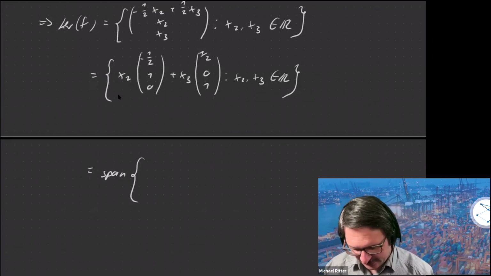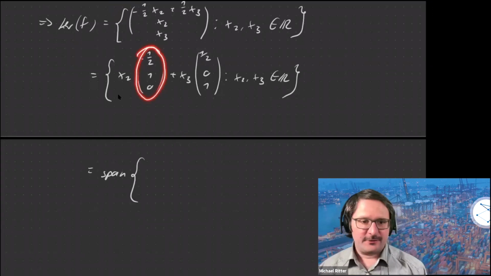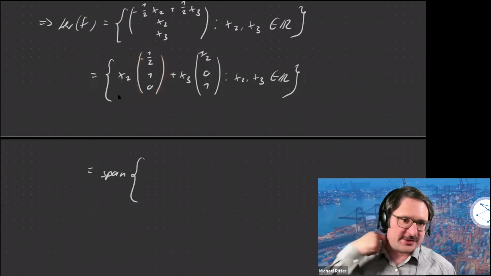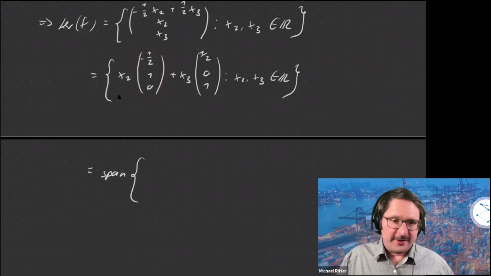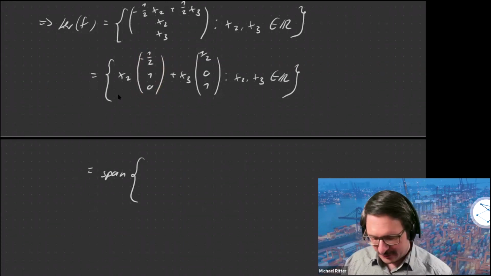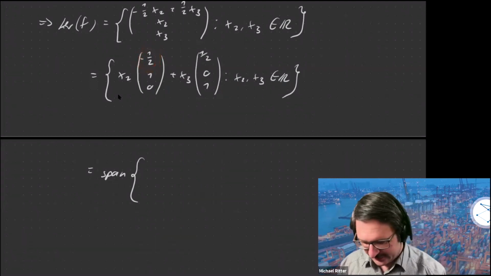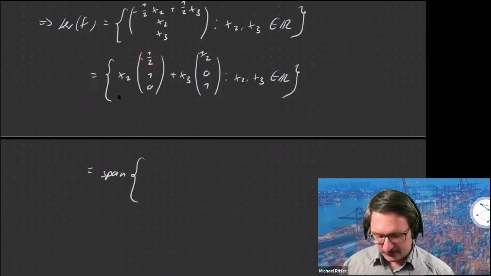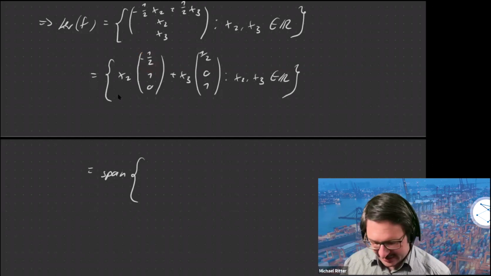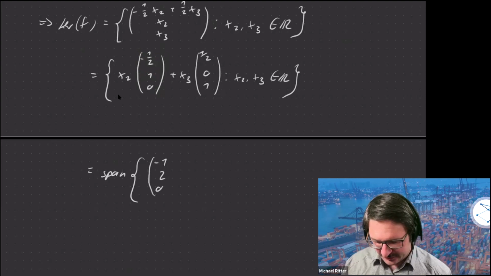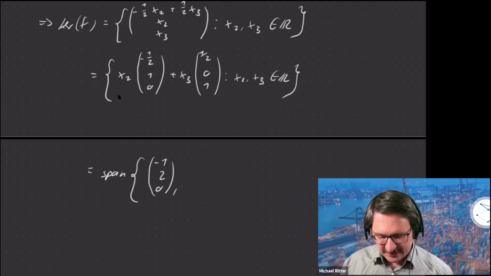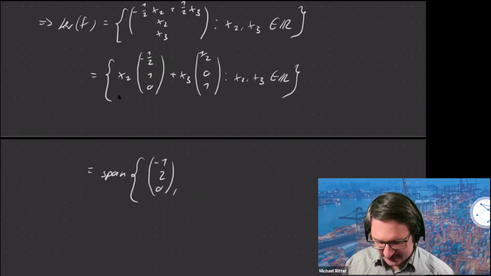And again, we can scale these vectors. If we're talking about a span of vectors, we can scale each vector more or less arbitrarily, just not by 0. But we could, for example, multiply this by 2 to get rid of the fraction. So the span of minus 1 over 2, 1 and 0 is the same as the span of minus 1, 2 and 0. Just 2 times the original vector. And if we do the same for the second vector, then we get 1, 0, 2.